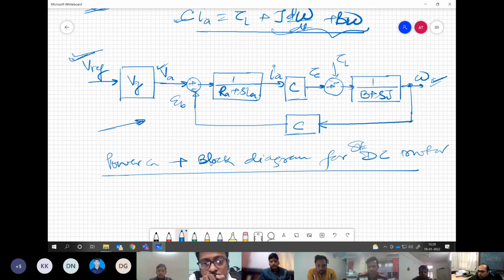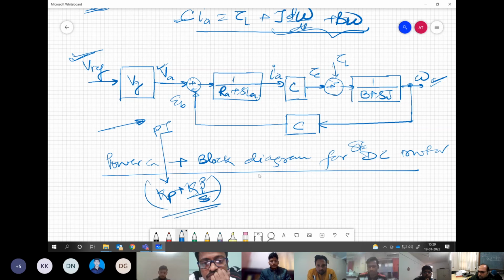For the closed loop control, when we have to design the PI controller, how would you design the KP and KI parameters of the system? What rule is followed? What expression can you get so that it can be universally applied to any motor? Understand the point?